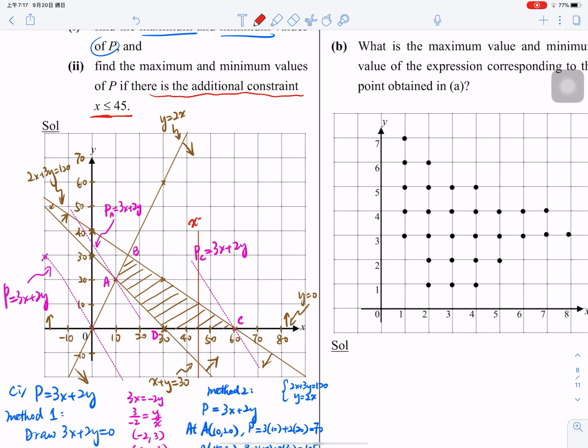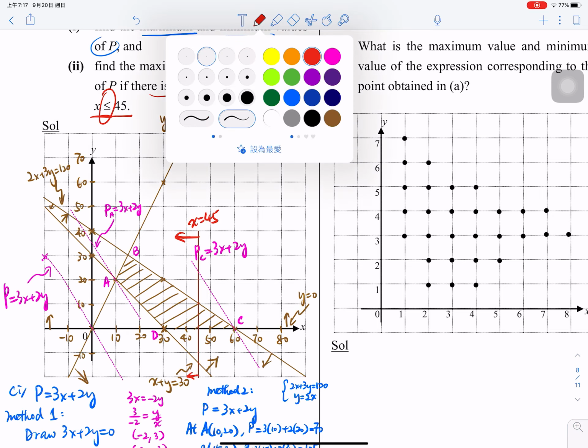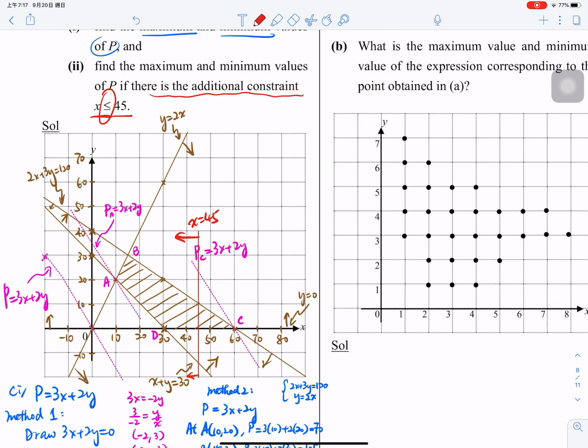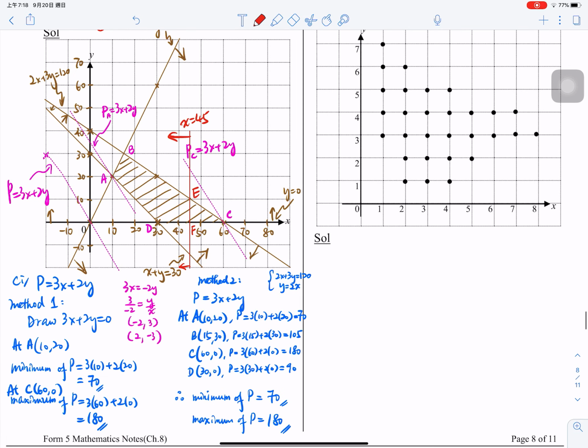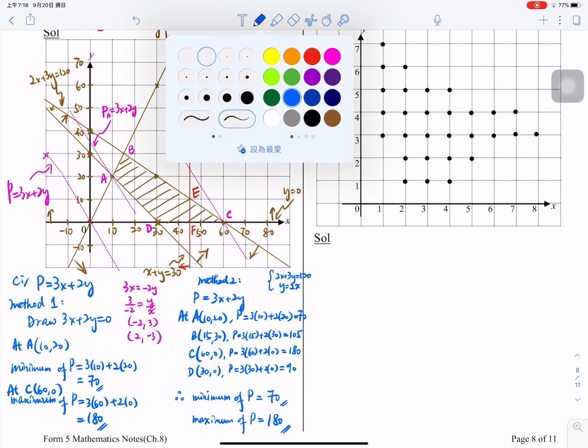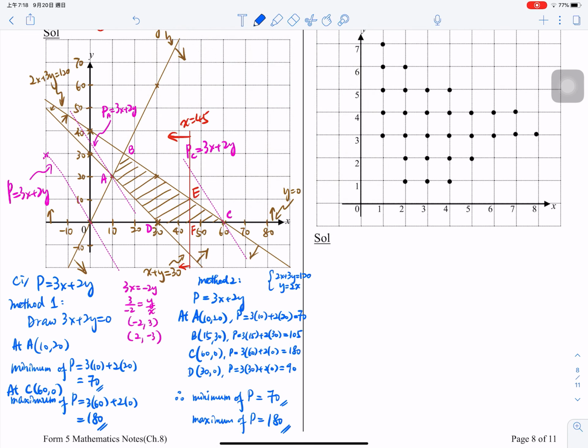Okay, x equals 45, smaller than. Now we have another 2 points, E and F. Point E and point F, right? So actually we can use method 2 with two more extra points, E and F.